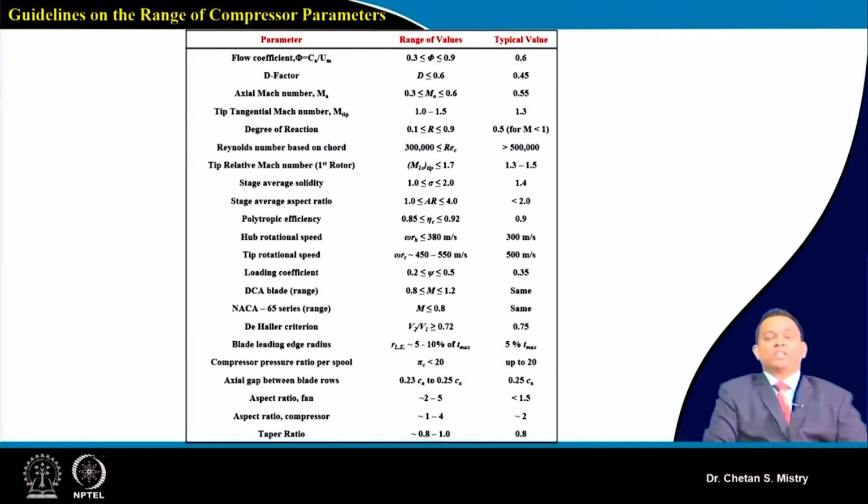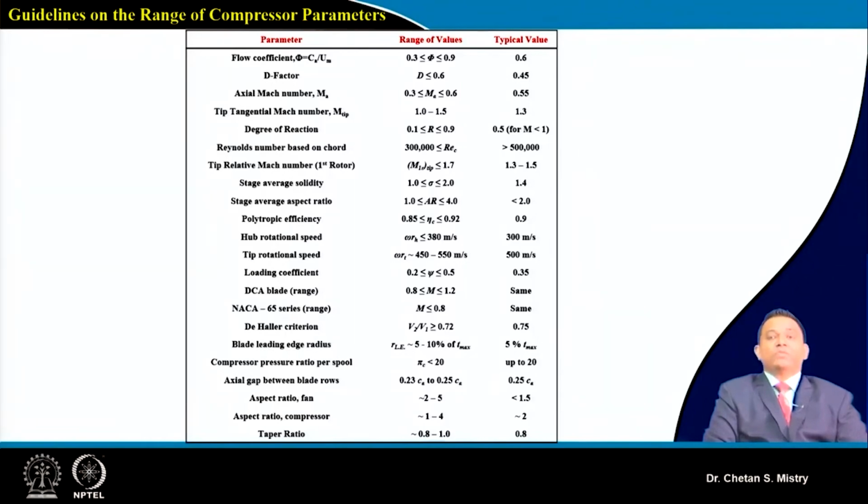Next, as we have discussed, the diffusion factor should not be more than 0.6. It is preferred to maintain it in the range of 0.45 for our design case. The axial Mach number at the entry of our stage needs to be in the range of 0.3 to 0.6. It is preferred to be 0.55, which is an okay number.